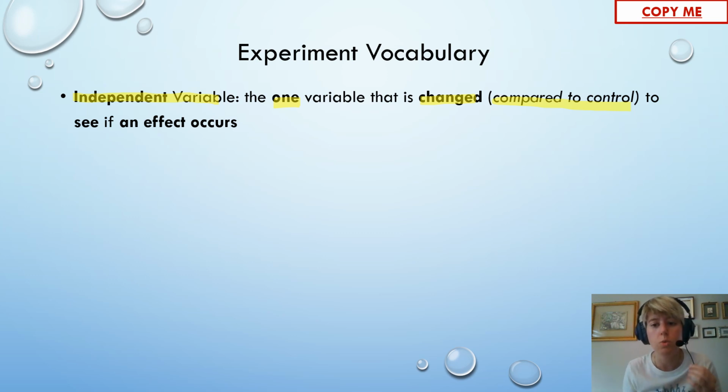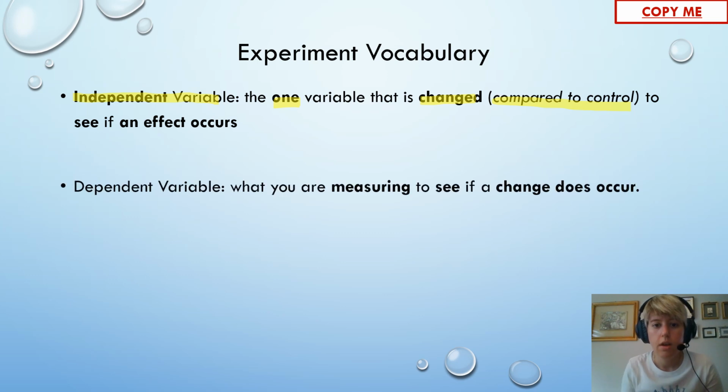So you can only change one at a time, and your independent variable is that one variable that you change. The dependent variable is what you are measuring to see if a change occurs.